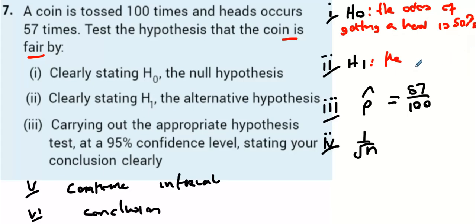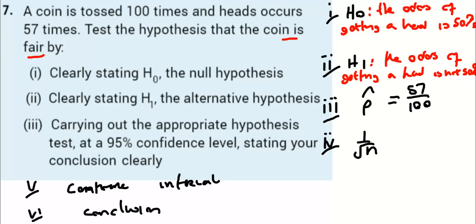H1, the odds of getting a head is not 50%.